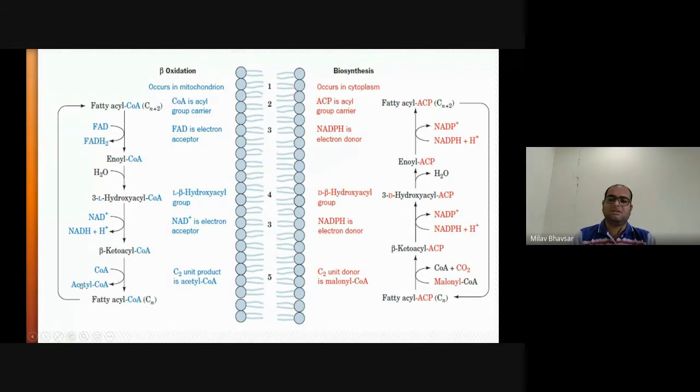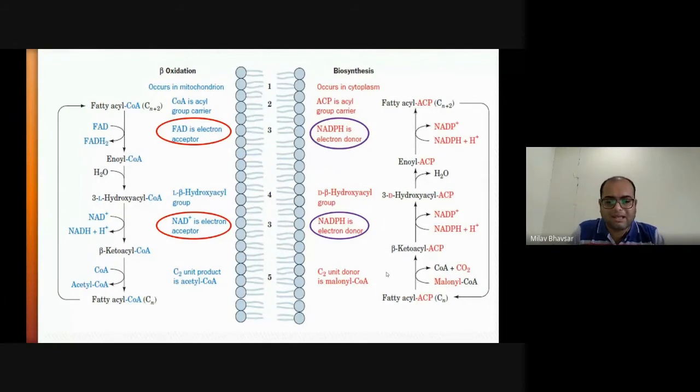So here you have liberation of the acetyl coenzyme in the oxidation. Malonyl coenzyme is incorporated in this process and carbon dioxide is released, because malonyl coenzyme is a 3-carbon compound. So here FAD and NAD, and you can see over here is NADPH. That is the difference. Process is same. Your enzymes are going to be different, but the intermediates are going to remain the same.